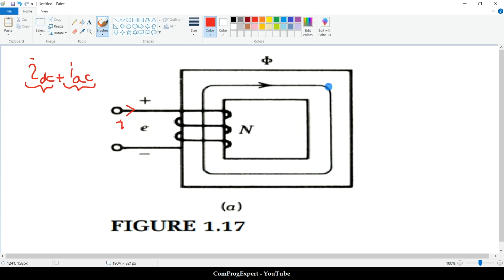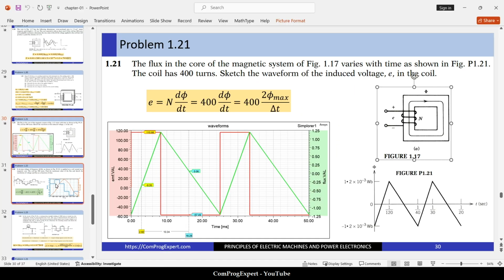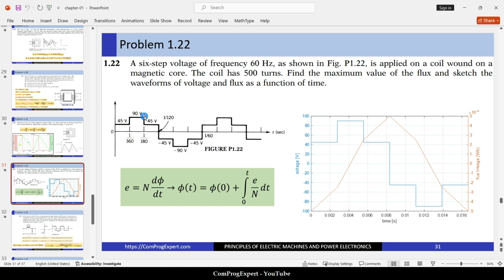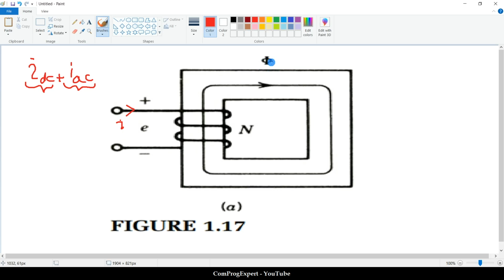This time varying flux induces the time varying voltage waveform.